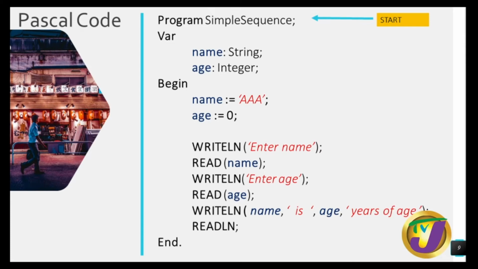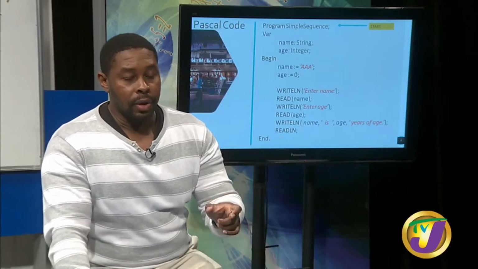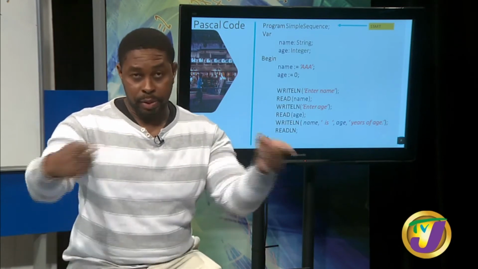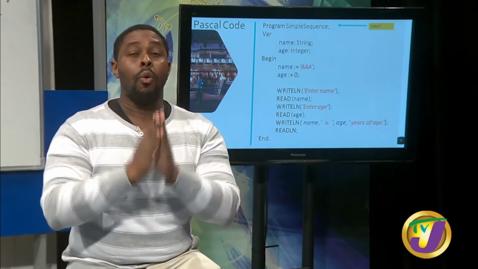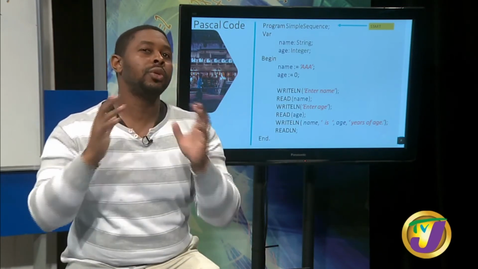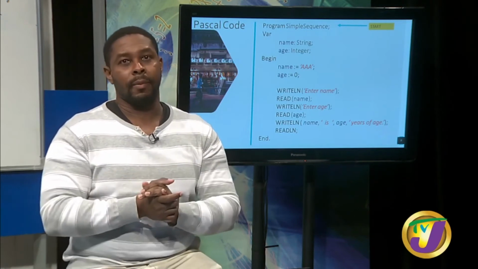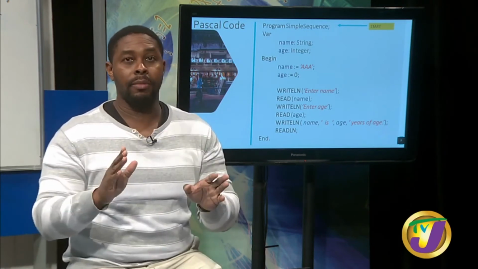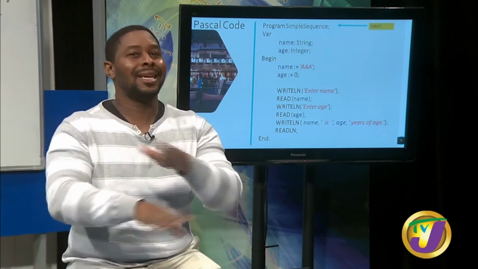Again, don't leave it off. It is wrong if you leave off the semicolon. Also, pay attention to the fact that the name, simple sequence, is one word. You don't use two different words separated by spaces. One word for your program name, semicolon, that is it.